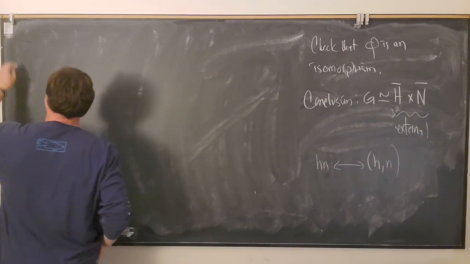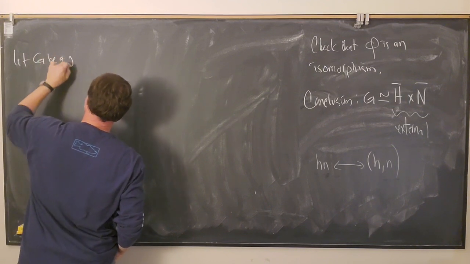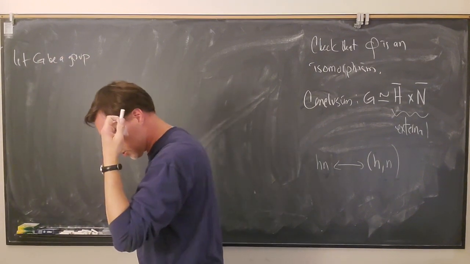So let G be a group. And let's choose a couple of elements.